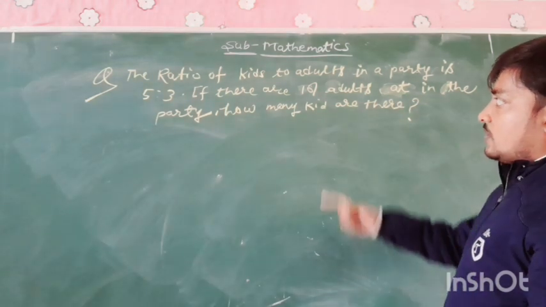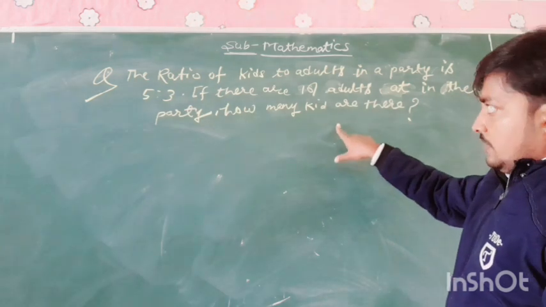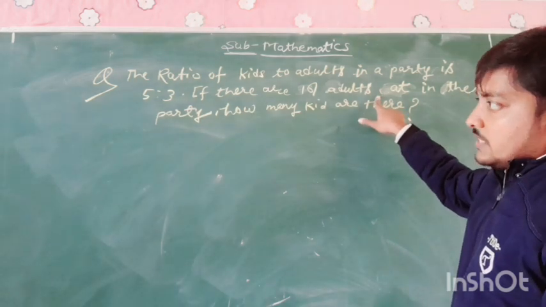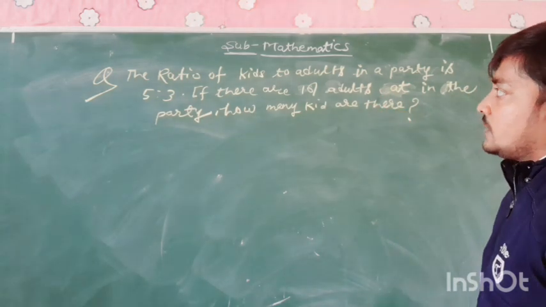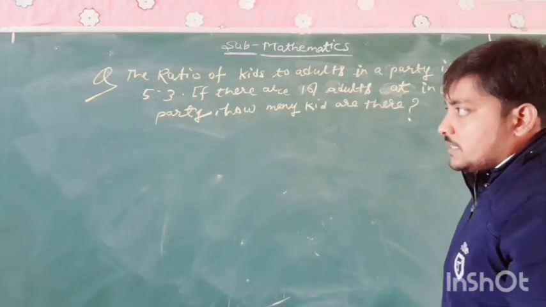This is the question of ratio and proportion, in which we first let the common ratio of kids to adults be x.